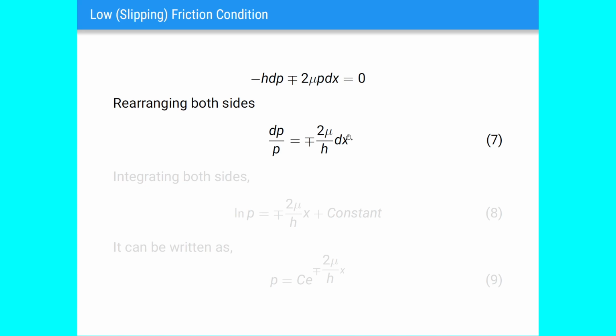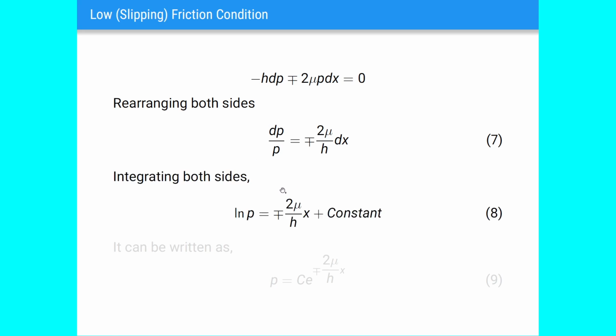So this we can get by rearranging your equation number 6, and now you can integrate this equation on both sides.